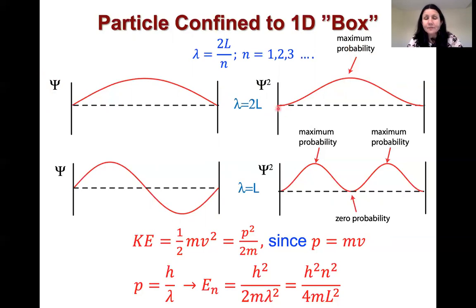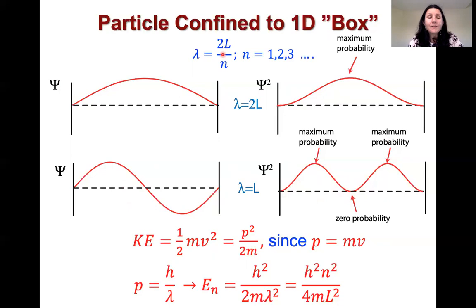So if our particle is in this standing wave, then it has maximum probability of being exactly in the middle, and no probability at the edges because that's where the walls are. Now for this harmonic, we have two locations where it has maximum probability, but right in the middle there's zero probability. That's because that's your node. There's basically zero probability of that particle being in the middle of the box. So it's quite strange, but again, it has to do with the wave nature of particles.